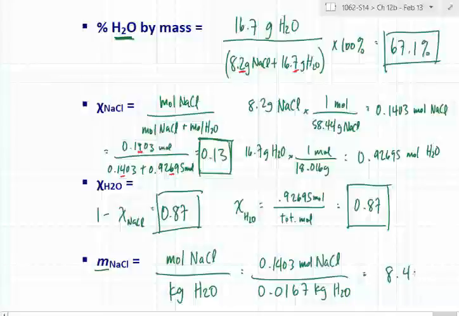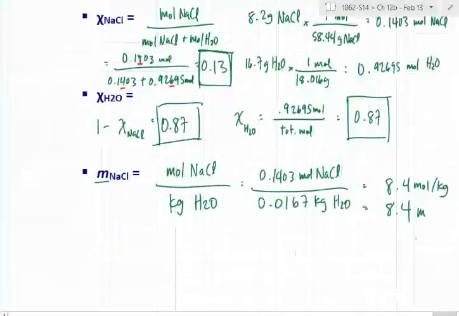Feel free to write moles per kilogram, if you like, or 8.4, what? Lowercase m. How do you say that again? Molal. Let me write that out. Molal. That's how you pronounce that.